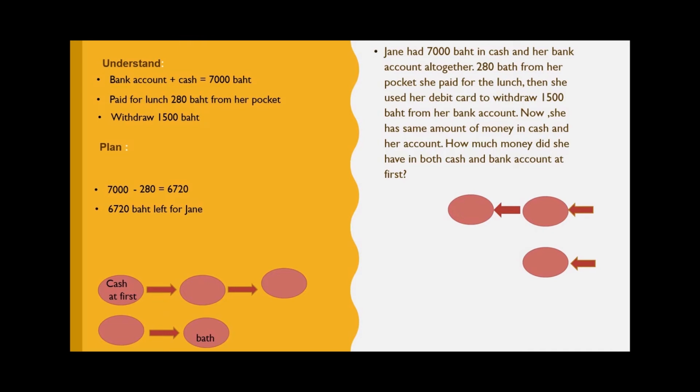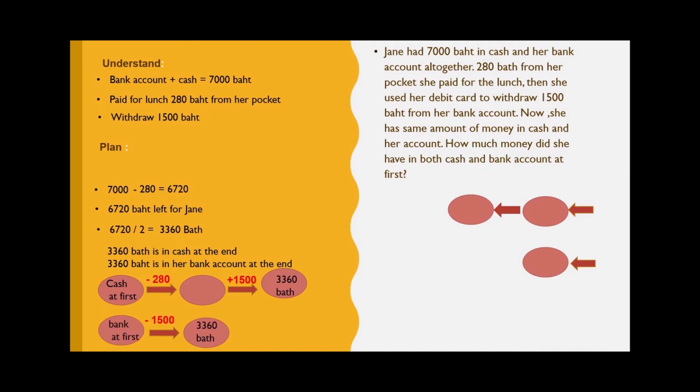And we know now she has the same amount of money in cash and in her account. So if we divide 6,720 by 2, then we know how much money she has now in both her account and in cash, because there is the same amount of money.